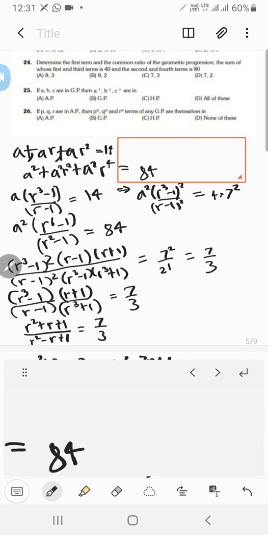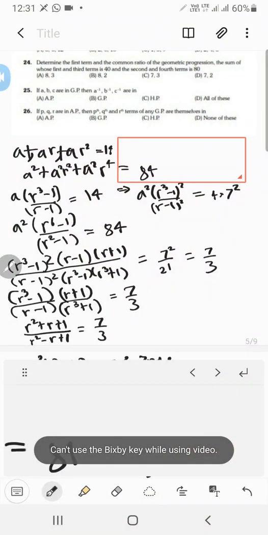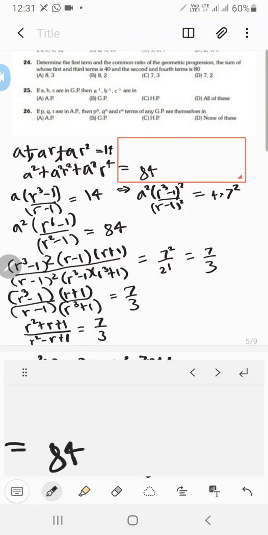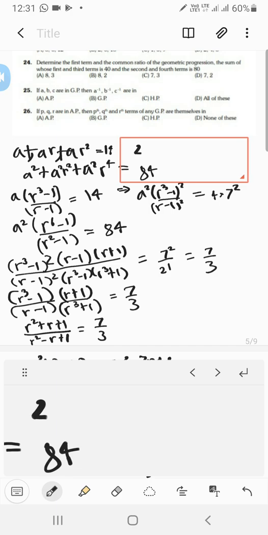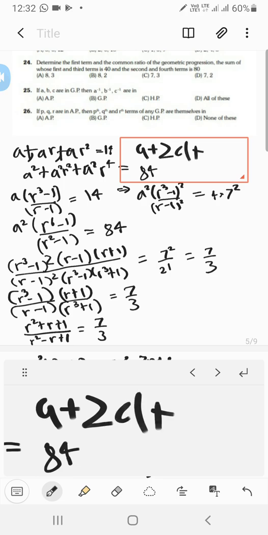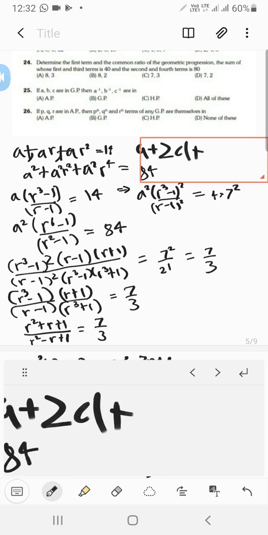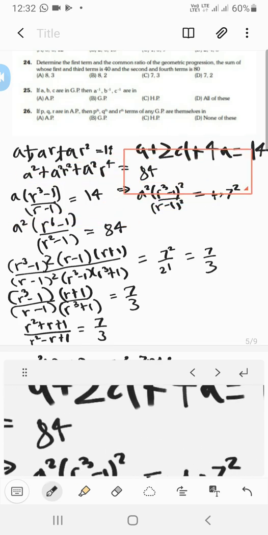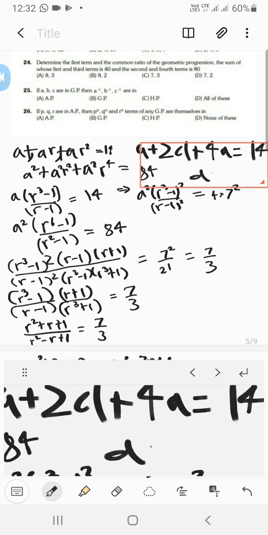So suppose you take the value of r as 2, then what you can get is a plus 2a plus 4a is equal to 14, which means that 7a equals 14, so a is equal to 2.